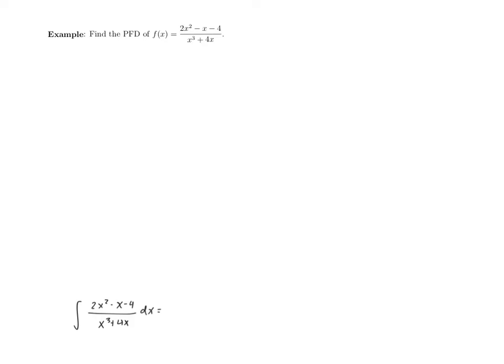Good day and welcome back to the second part of our discussion on integrating rational functions using partial fraction decompositions. Our previous video was a bit on the longer side, but there was a lot of information to get through in terms of reminders for partial fraction decompositions, and then we really needed a nice concrete example to tie everything together.